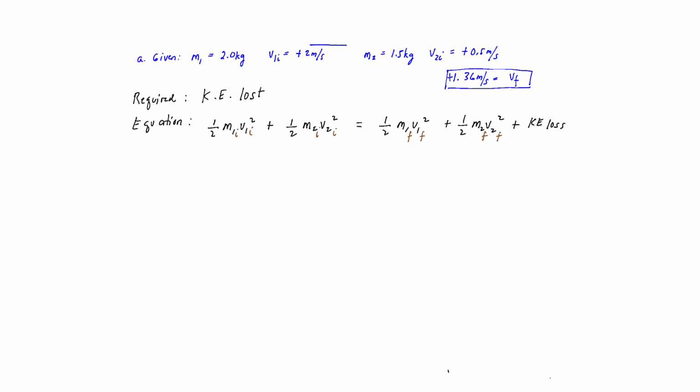And so if we're going to write everything here, we plug in everything. We have 1/2 multiplied by 2 kilograms multiplied by 2 meters per second squared plus 1/2 multiplied by 1.5 times 0.5 meters per second squared equals 1/2 multiplied by 2 kilograms. I'm just going to write the units here.